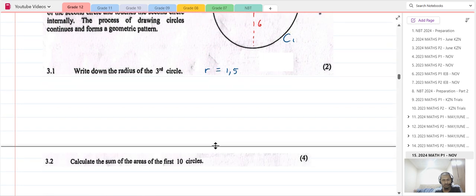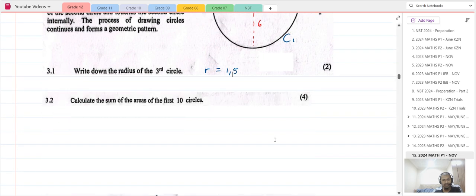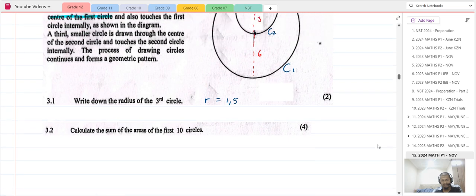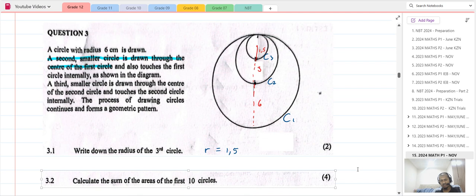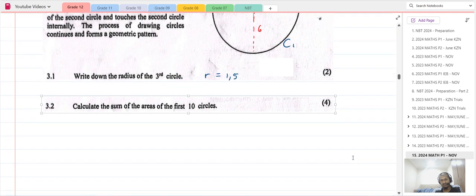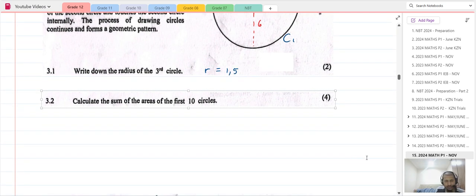Radius is 1.5. Calculate the sum of the areas of the first 10 circles. Let's see. So circle 1, we know the pattern, the R pattern is 6, 3, 3 over 2, 3/4, and so on. Basically we're just dividing everything by 2.